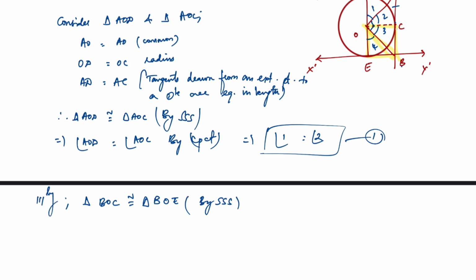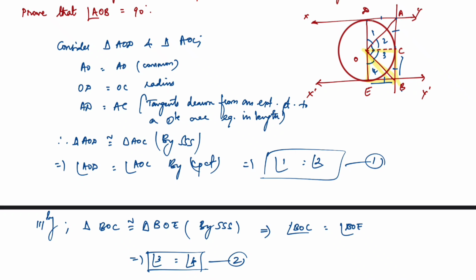OB is the common side, OC and OE are radii, and BE is equal to BC because they are tangents from an external point to a circle and they are equal in length according to theorem 10.2. From this we can deduce angle BOC is equal to angle BOE. That is, angle 3 is equal to angle 4. Let this be equation 2.